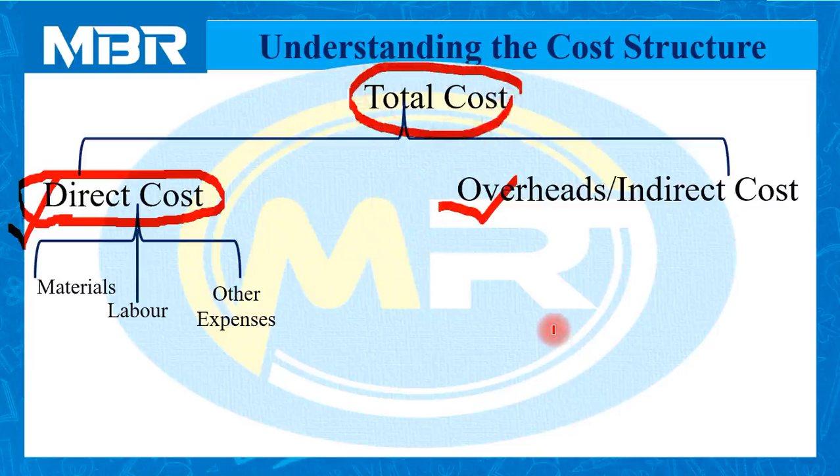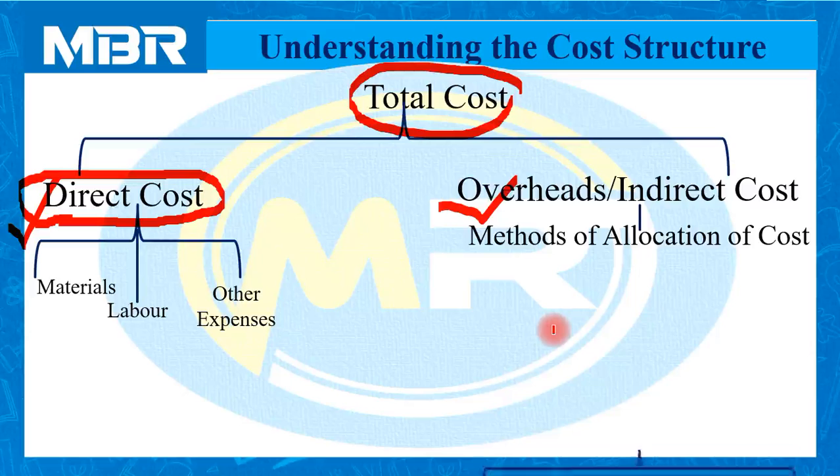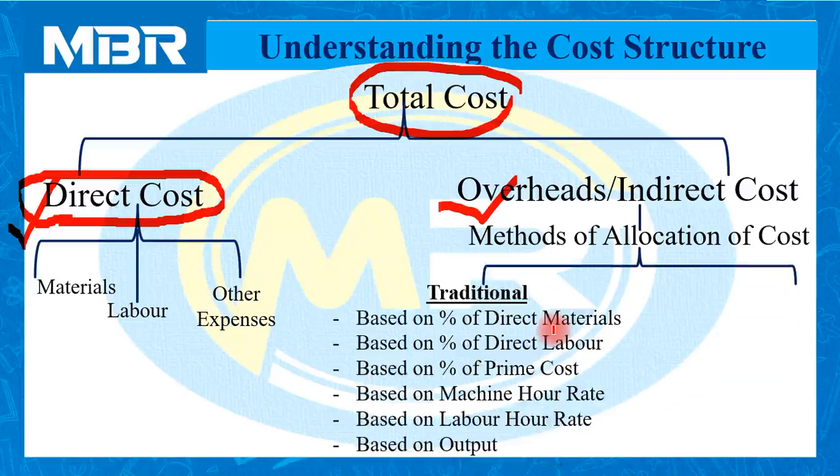For the purpose of absorption, we have two different methods. First, the traditional method. The traditional method includes 6 different options.